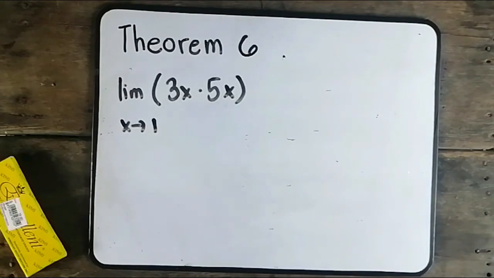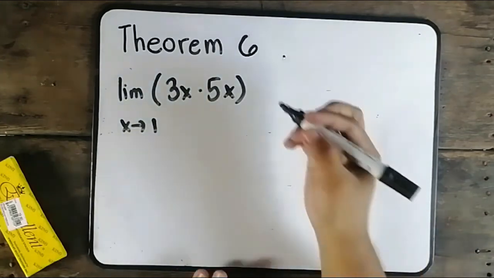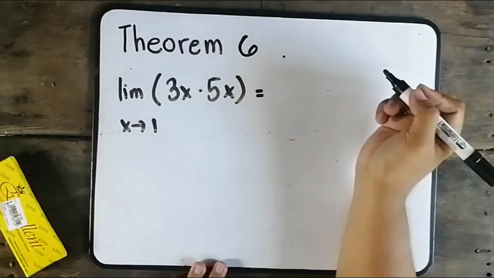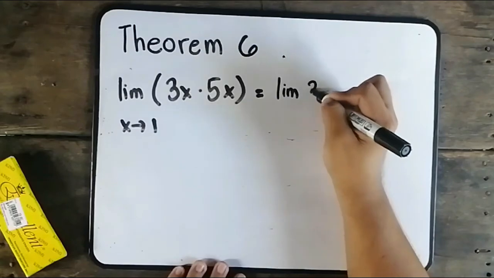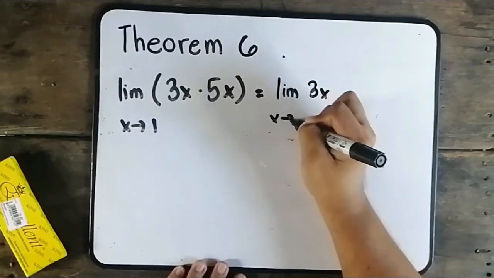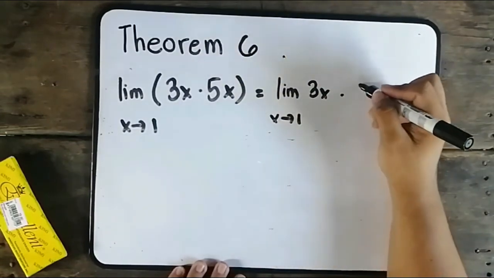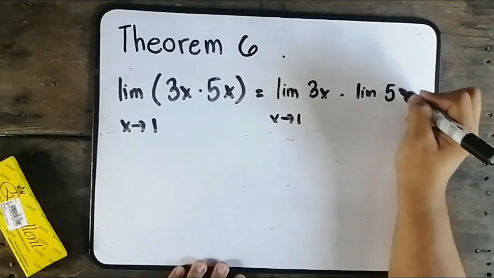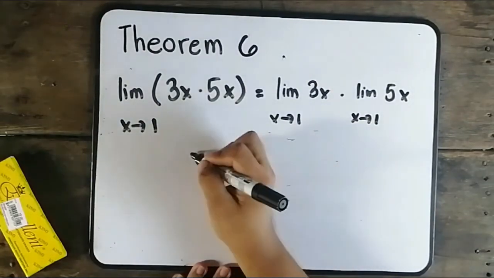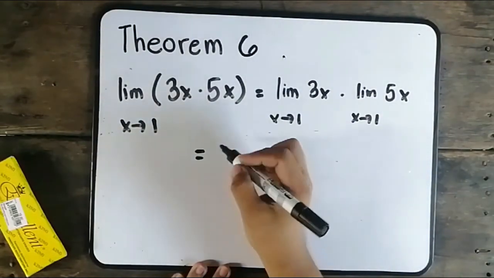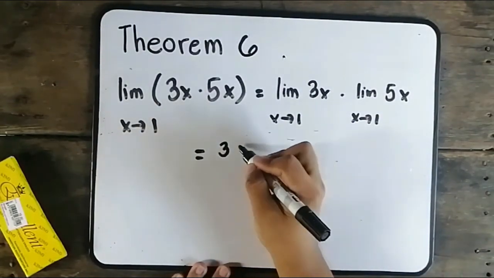Again, for the purpose of illustration, let's consider the limit of 3x times 5x as x approaches 1. So, by limit theorem number 6, we can actually separate. So, we have limit of 3x as x approaches 1 times the limit of 5x as x approaches 1. So, by limit theorem number 4, pwede nating ilabas si 3.